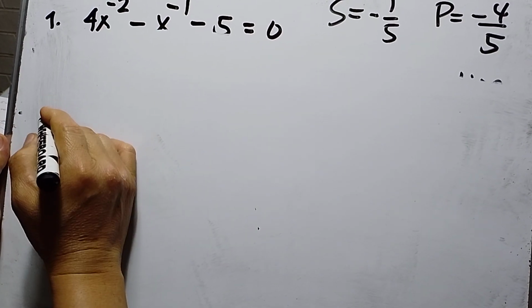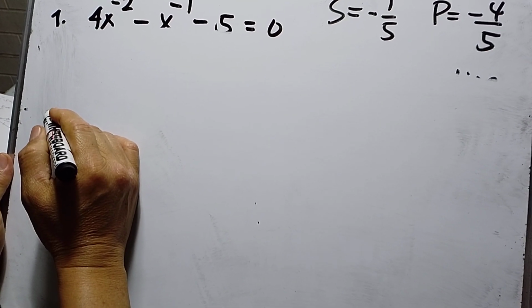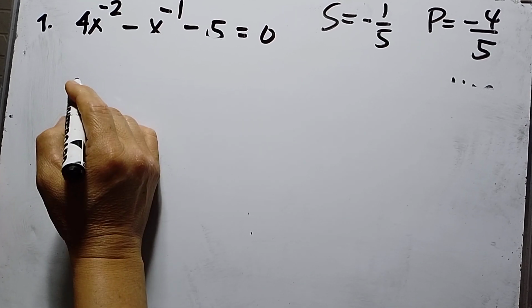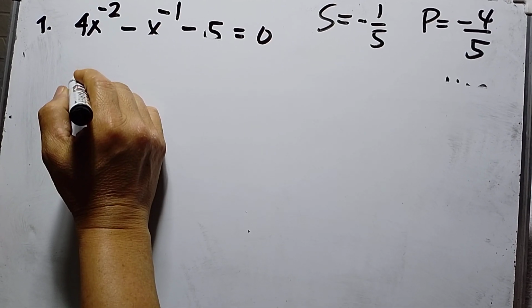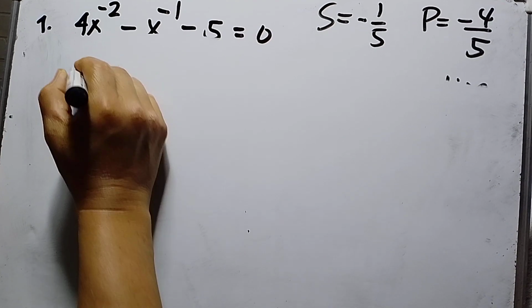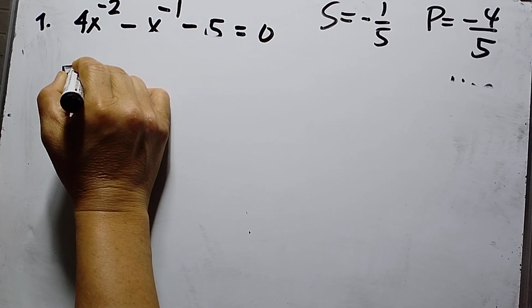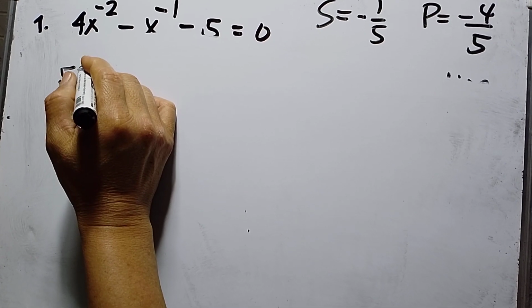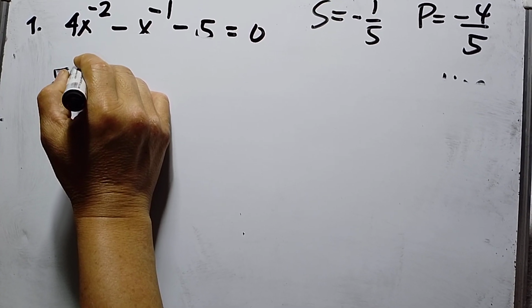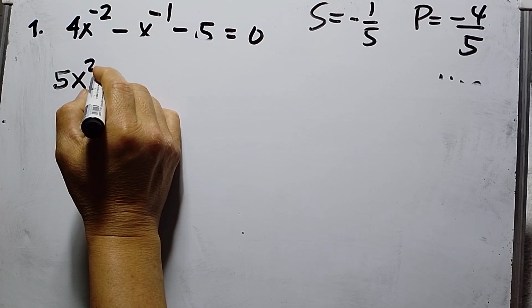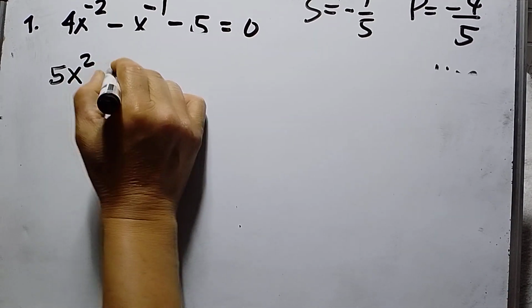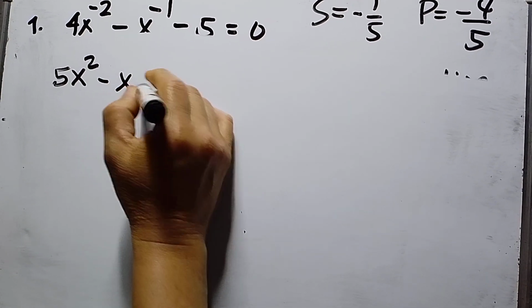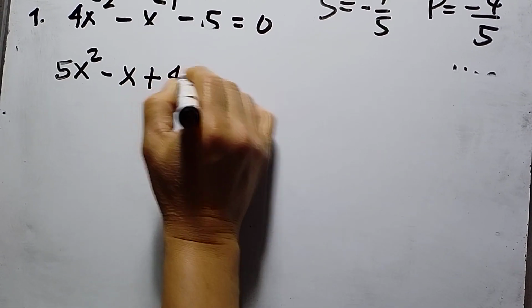So based on the given quadratic equation, the quadratic equation is 5x squared minus 4x plus 4 is equal to 0.